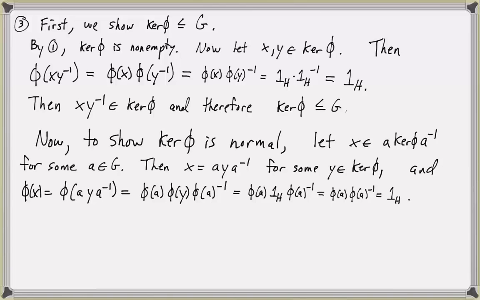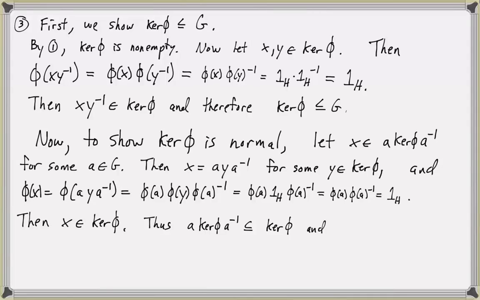So what I've just shown is that x is in the kernel of phi. Thus, the coset a kernel of phi a inverse is contained in the kernel of phi.